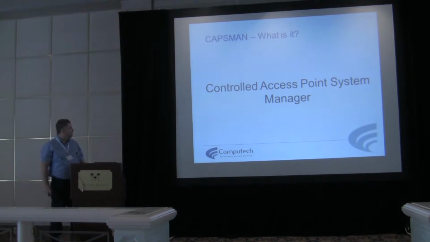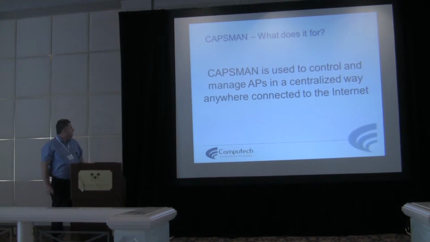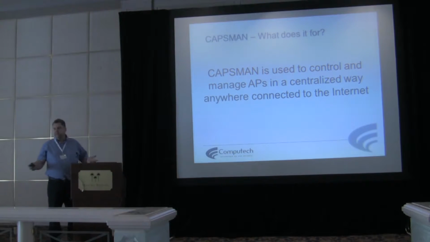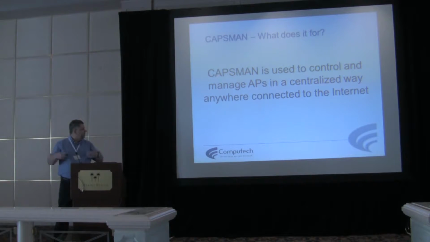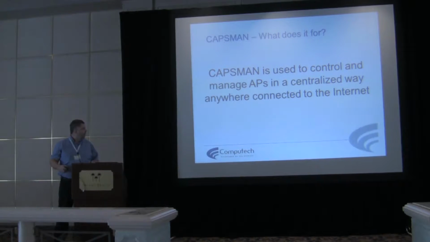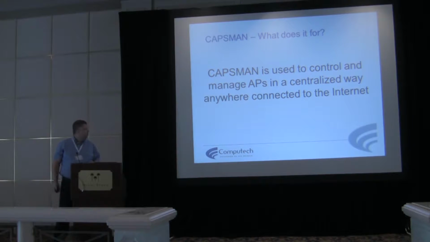I think it's usual for many people, but we have to pass through it. Control Access Point System Manager is a centralized way to control many access points in the system. The CAPSMAN is used to manage and control and bring the traffic to anywhere, a switch, or a router, or a server that you can connect to the internet.